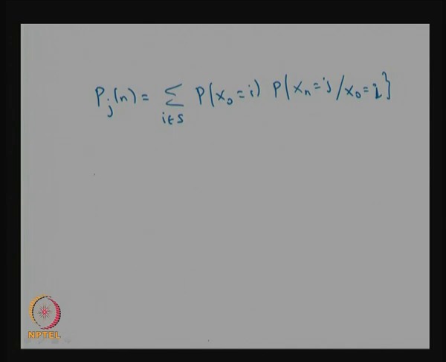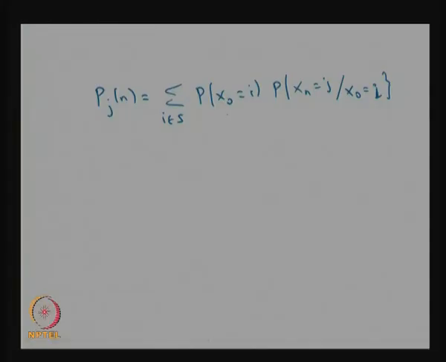To compute this distribution of X_n, you need the n step transition probability as well as the initial distribution vector, or initial probability vector, that is the distribution of X_0. The distribution of X_0 can be given as the vector p(0). This vector p(0) consists of the elements: the probability that X_0 takes the value 0, the probability that X_0 takes the value 1, the probability that X_0 takes the value 2, and so on.